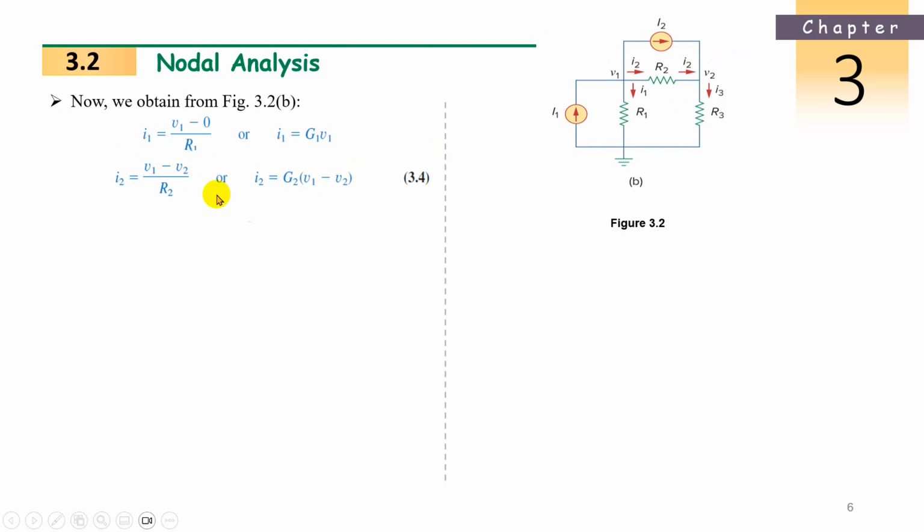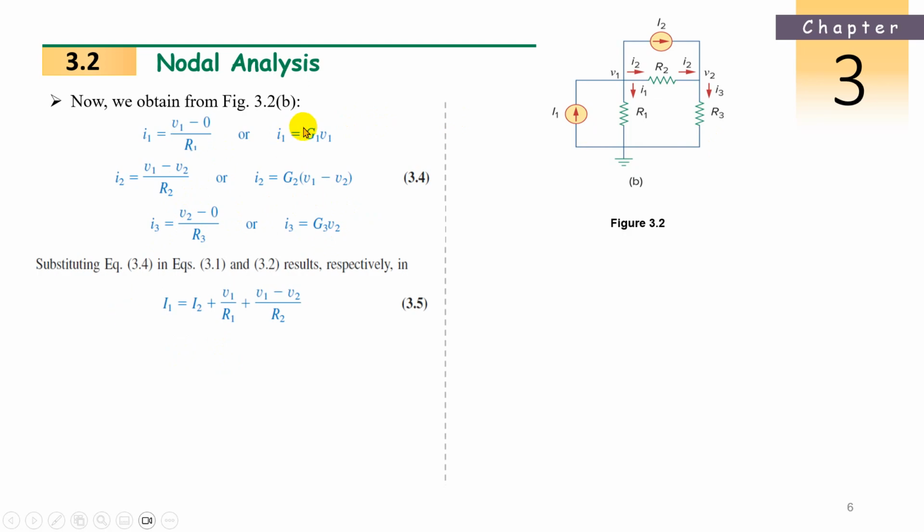In conductance also we can use, no problem. I3, where is I3? This one. V2 minus 0 divided by R3, or V2 by R3, and 1 by R3 is nothing but G3. So you can use conductance like this also.